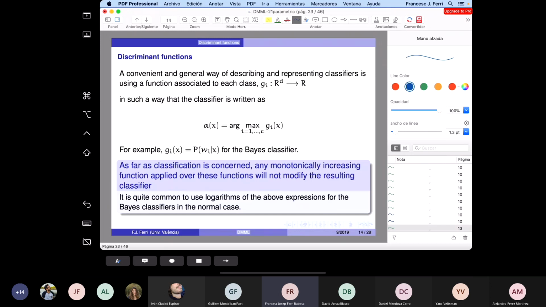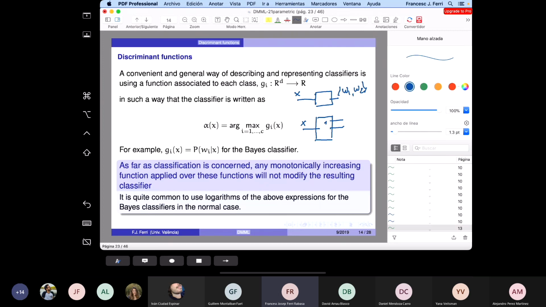Instead of having a mapping from X to w1 or whatever, we will define another mapping from X, and then we will have an output for each class.